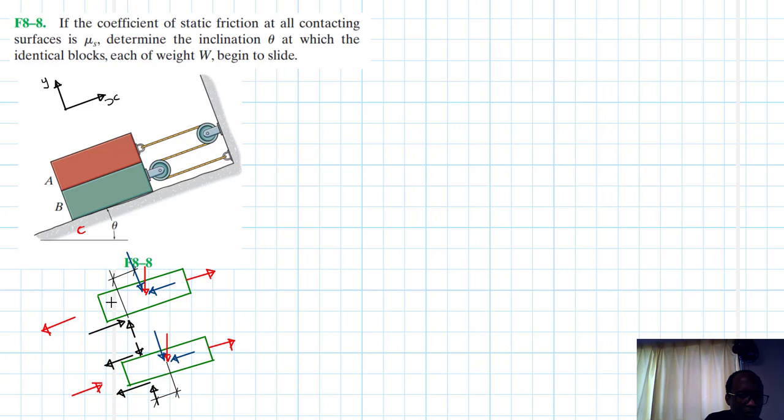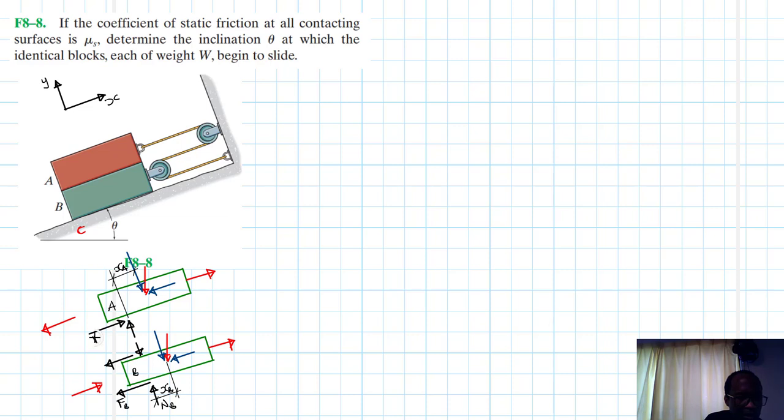Let's call this point, of course this is block A, this is block A, this is block B. So we are saying this is XA, this is XB, this is NB, this is FB.